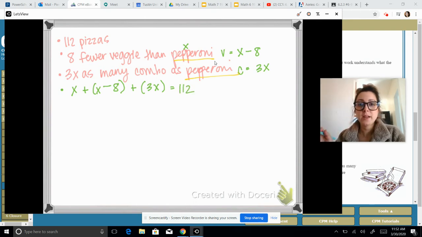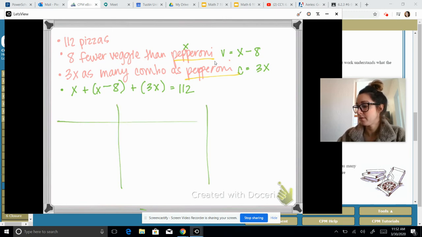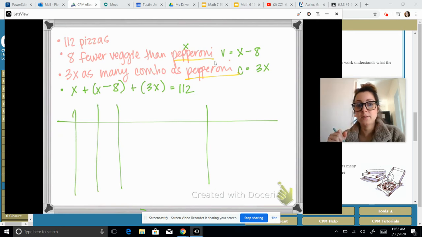So now we have our variable set up, we have our expression set up for each type of pizza, and we have our equation set up for the total amount of pizzas. So now you can do your columns. We have our 3 types of pizzas, so we need 3 columns in the define side.